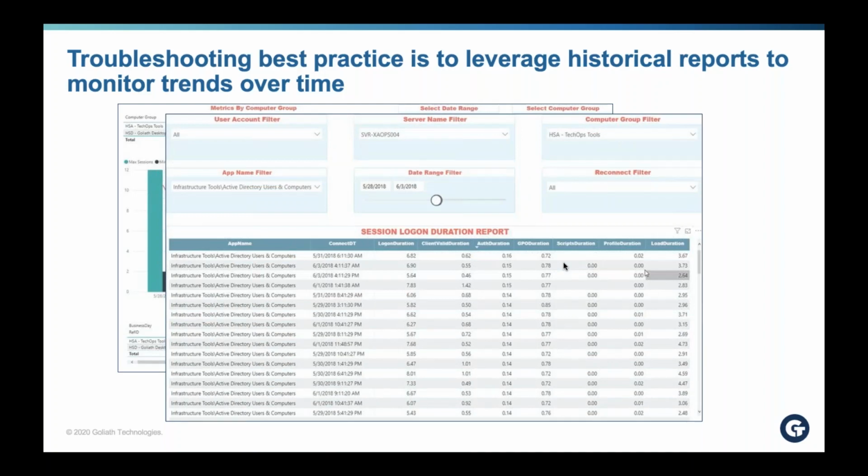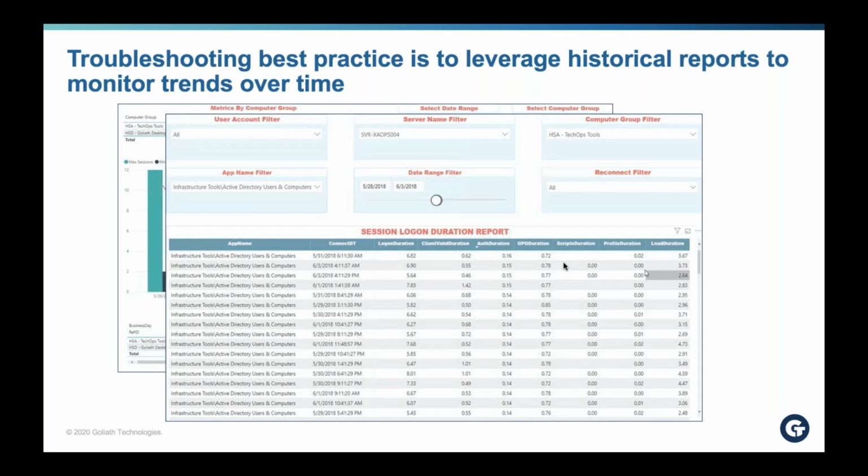The next couple are about logon duration. The logon duration reports that we have are very detailed and very specific, and give you insight into the performance of your environment per stage of the logon process for all of your users.